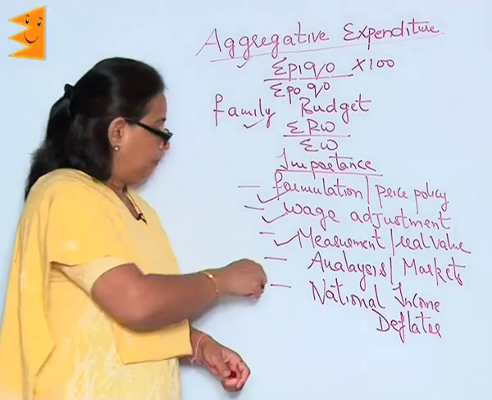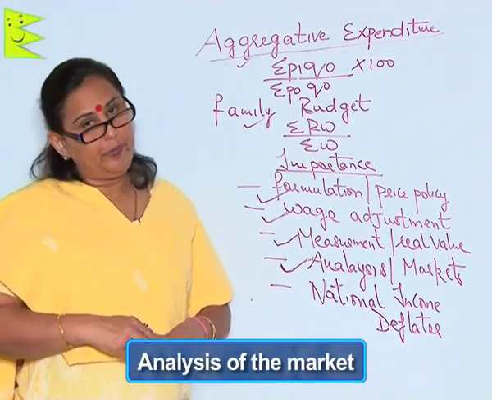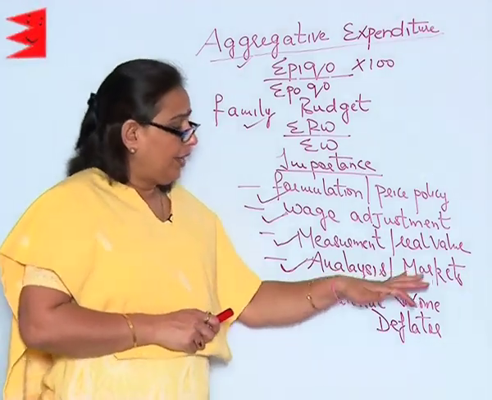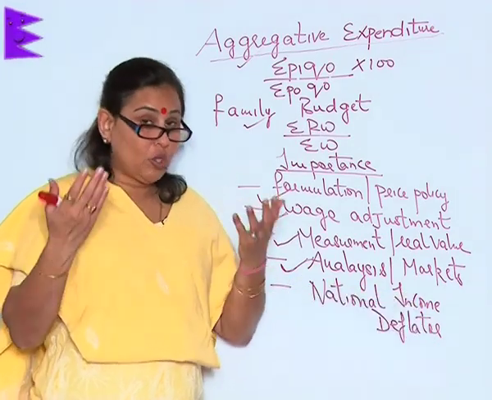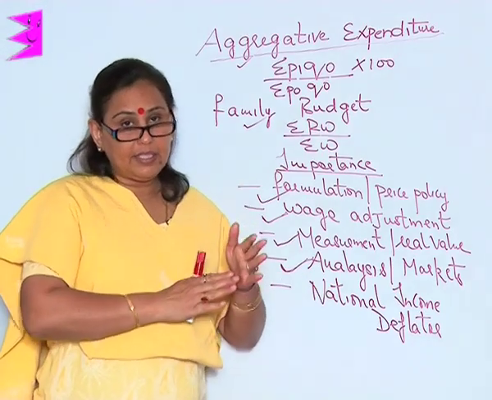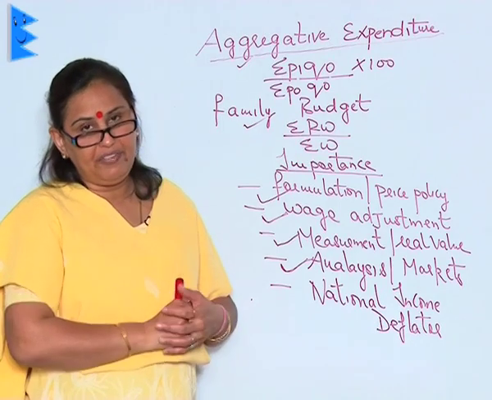Next, the analysis of the market can be done by the consumer price index. For example, in a particular market, a commodity could be sold more and in another market its demand could be less. Now, what are those factors which are affecting it?